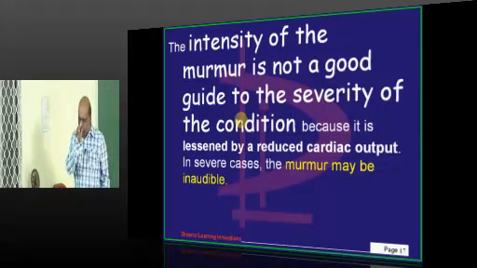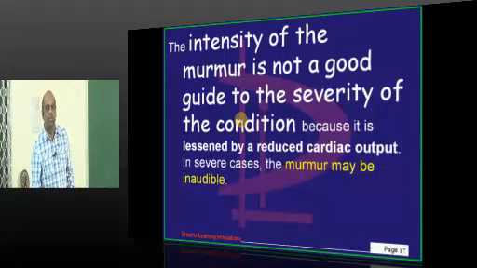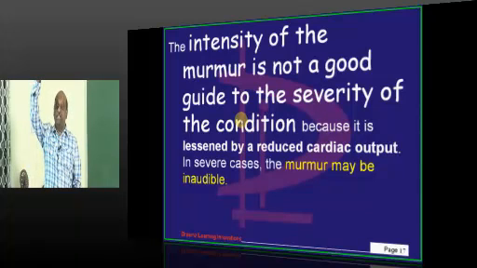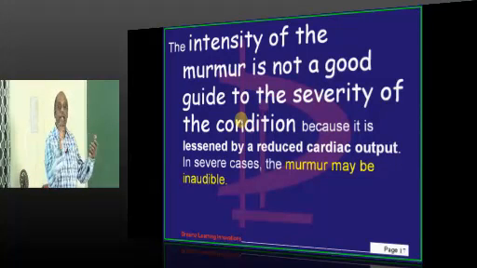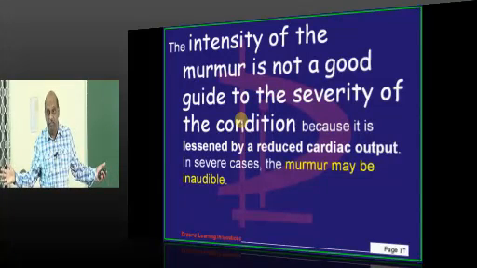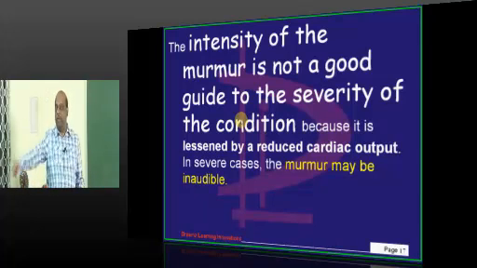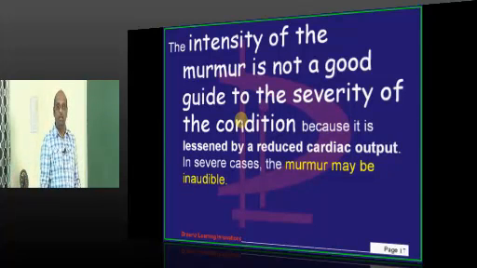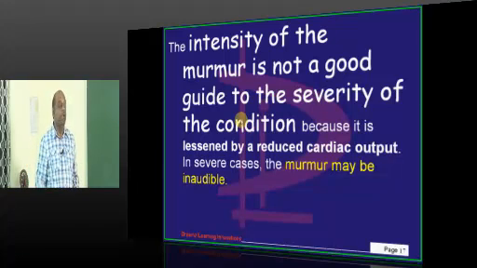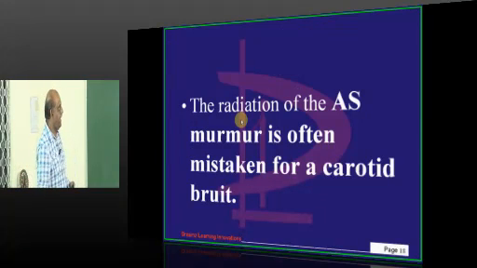The intensity becomes so much reduced. Though the aortic stenosis is very severe, hence intensity has no relationship. But the shape of that crescendo-decrescendo murmur, when the peaking is occurring, and how long the murmur is heard, they all have a relationship with the severity of the murmur.